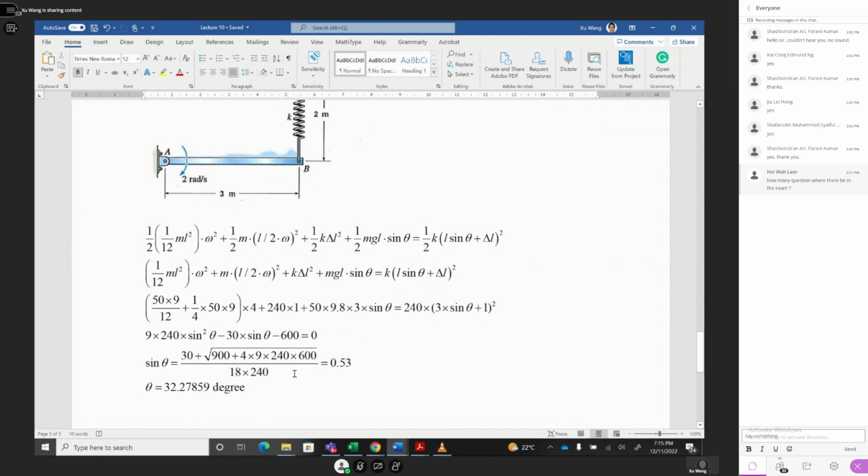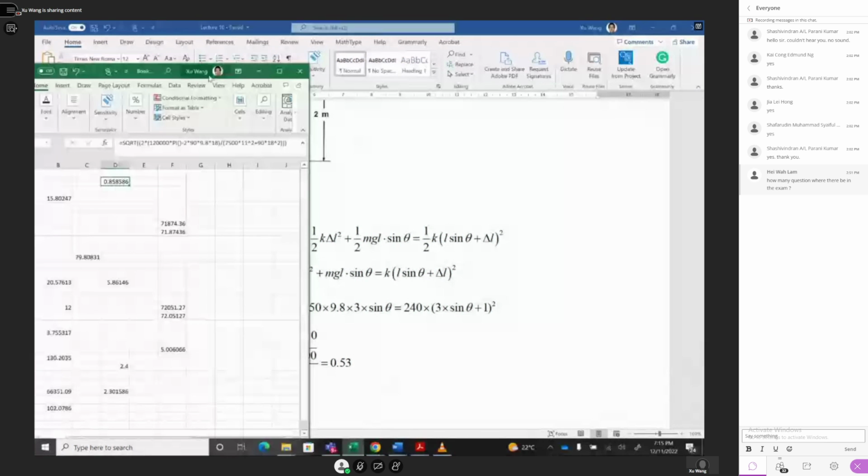That's why you calculate this result equal to 0.93, and C equal to 32.28. I just checked the calculation.